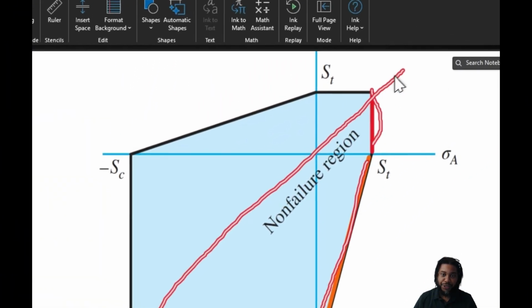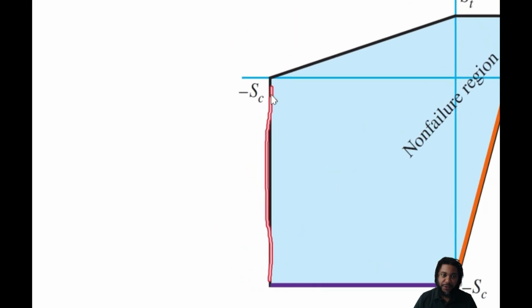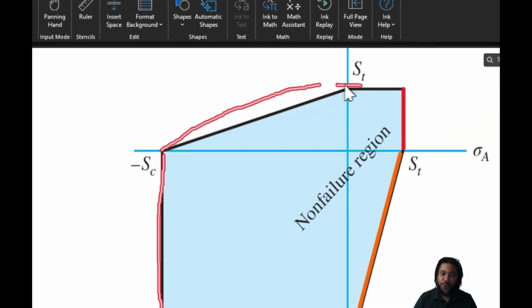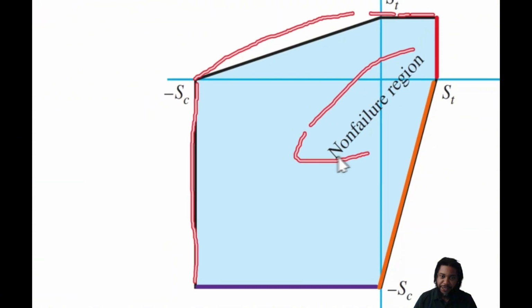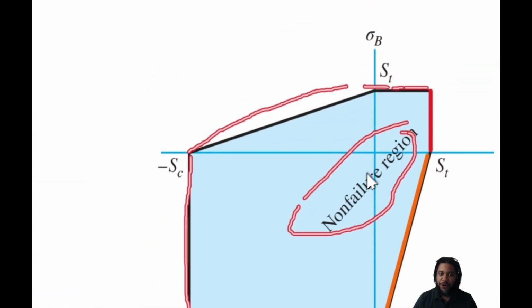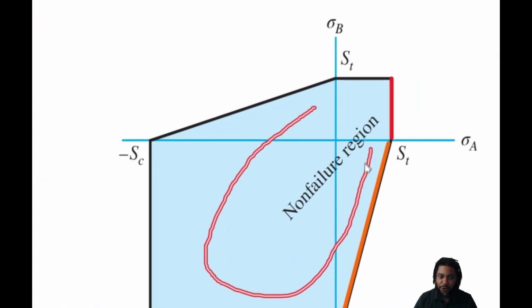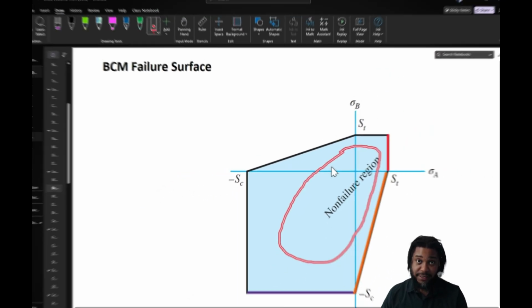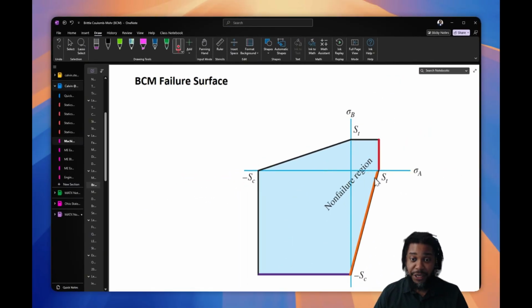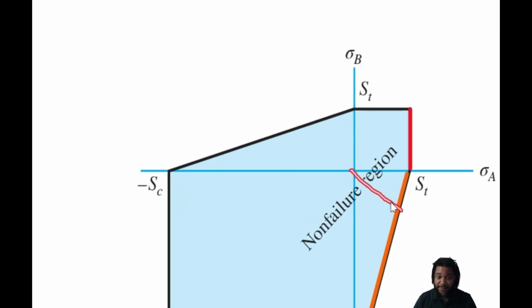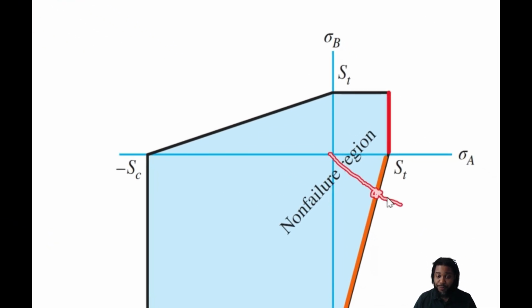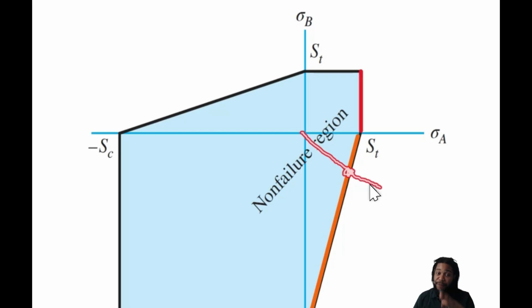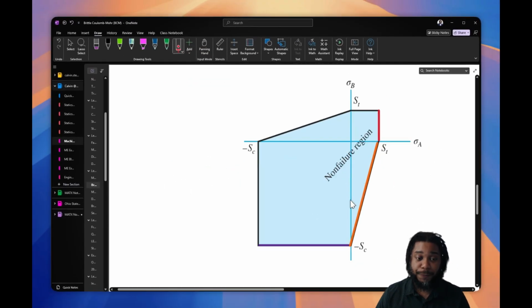And through symmetry, we can then define our other three lines in order to enclose a failure surface, where if we are inside of this surface, our design is safe and it has not failed. But if our state of stress is on or beyond this surface, then failure will occur in our structure.